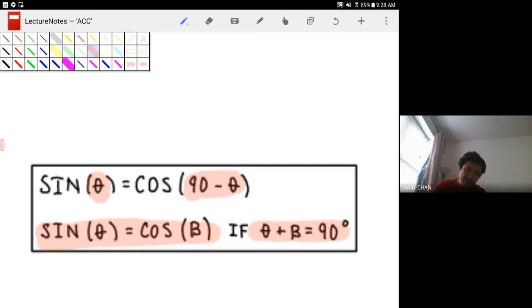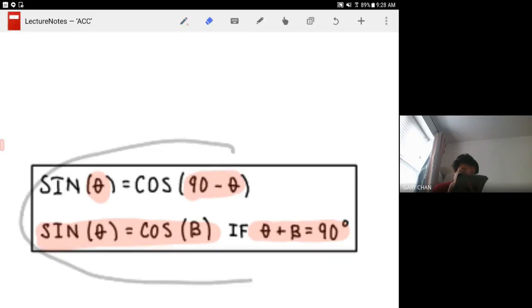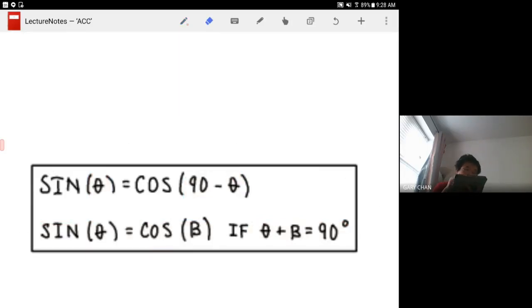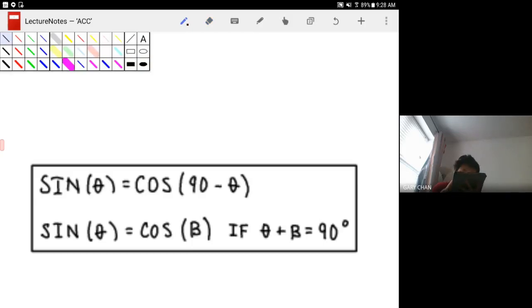So another way of thinking about this, you can think of beta as 90 minus theta. Isn't that true?